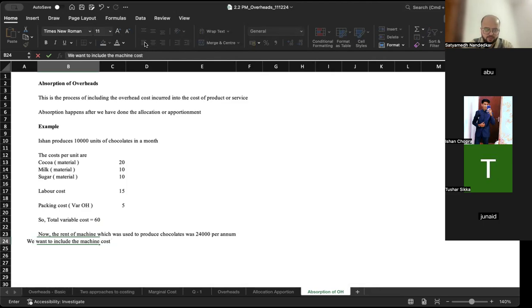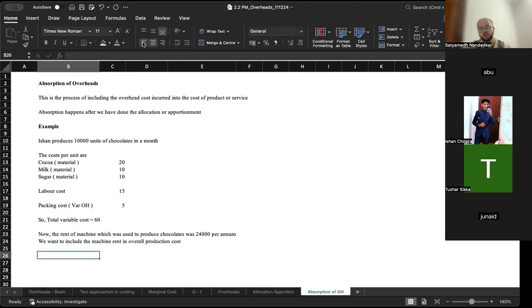We want to include the machine rent in overall production cost. So how will we do that? 24,000 upon 12 gives me 2000 per month as machine rent.